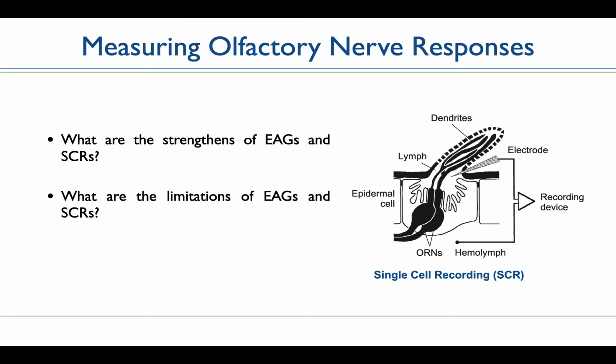So I think we went through the strengths and the weaknesses here. What's the strength of EAG, for those of you that have completed the exam? I mean, you can see the output of what a single olfactory nerve would do.